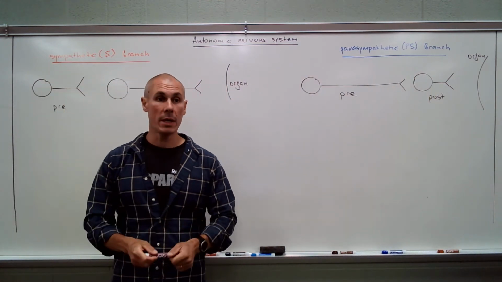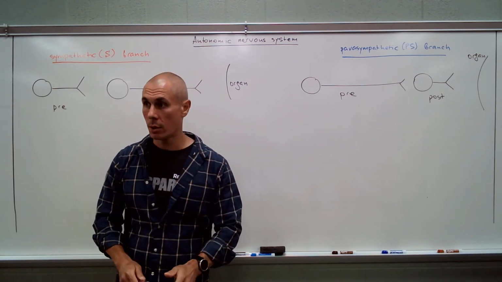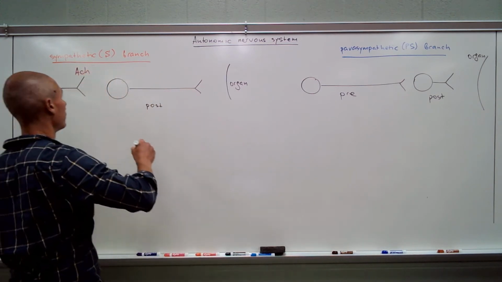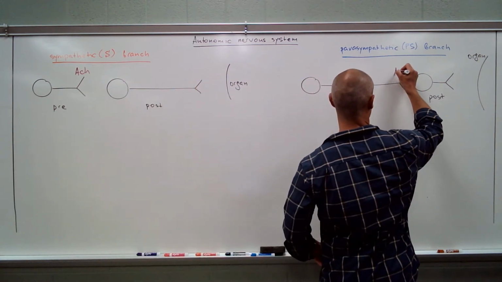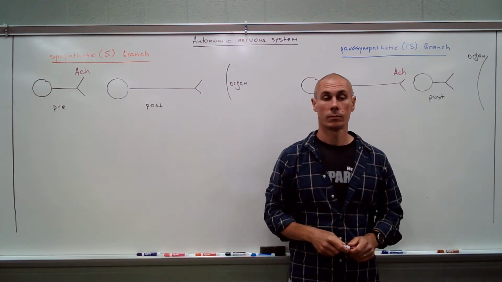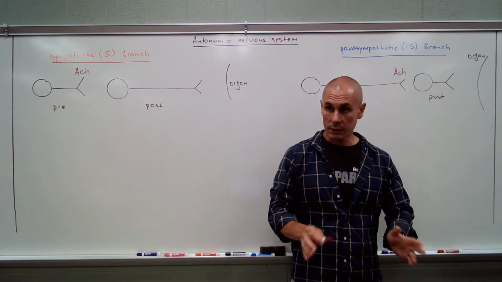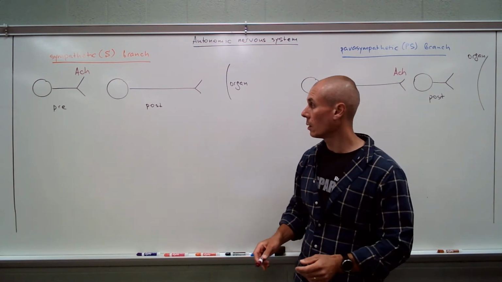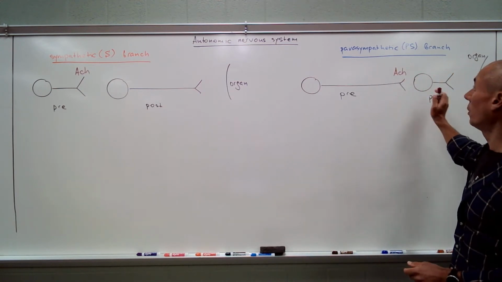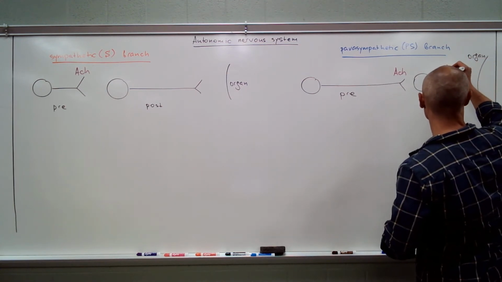All preganglionic fibers of both branches release acetylcholine. Does that make sense? That's it. Postganglionic fibers of parasympathetic nervous system also release acetylcholine.